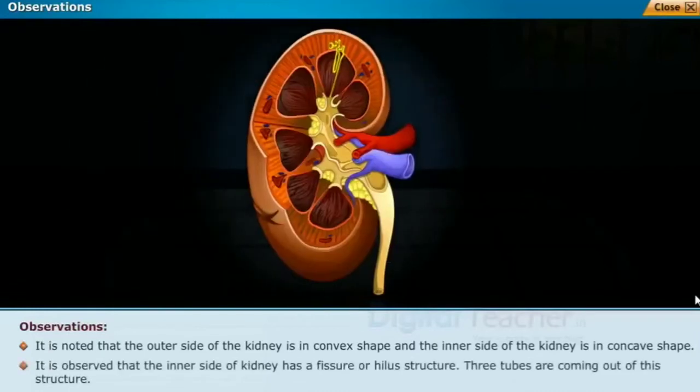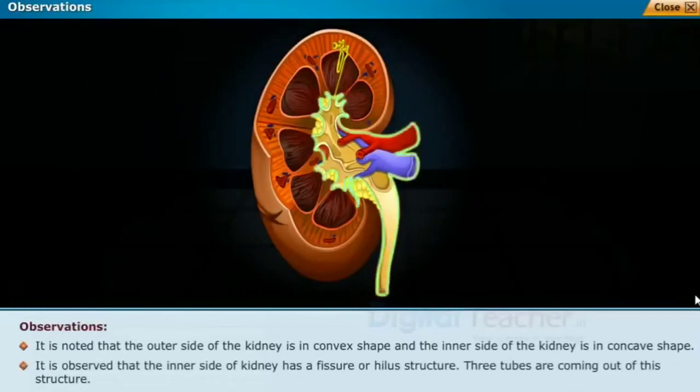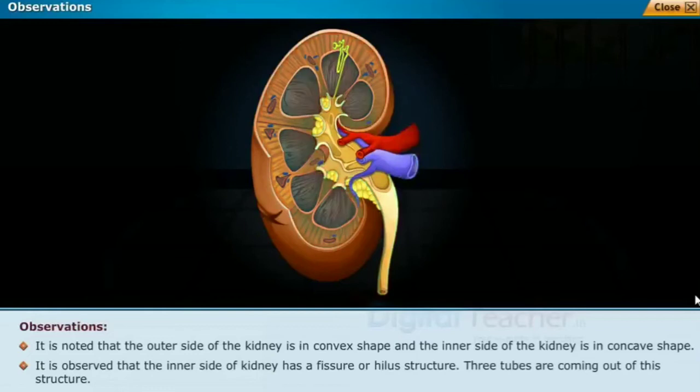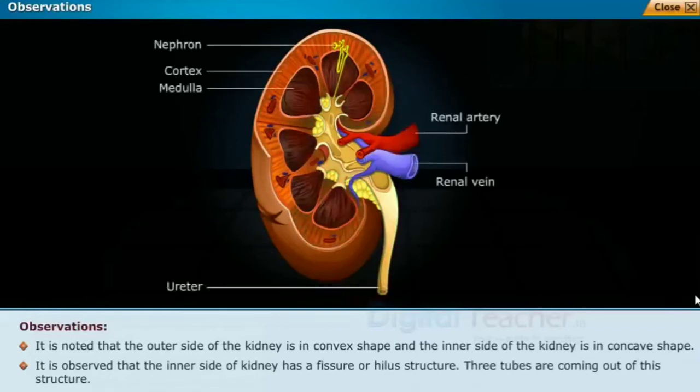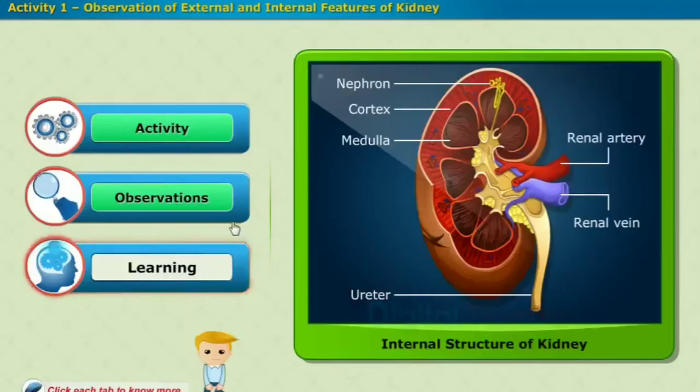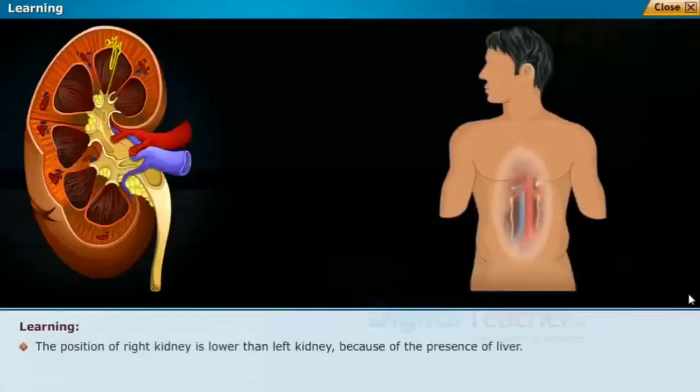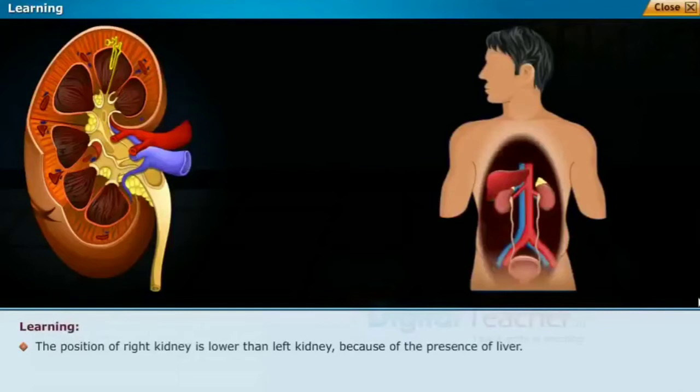The inner side of the kidney has a fissure or hilum structure. Three tubes come out of this structure. The kidney is made up of several microscopic and thin tubular functional units. The position of the right kidney is lower than the left kidney because of the presence of the liver.